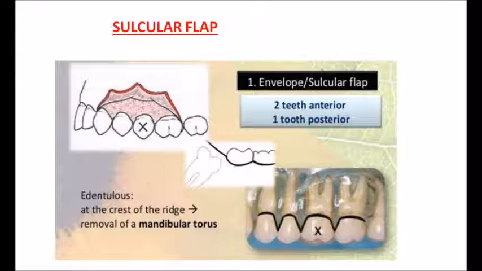Whenever there is an indication in the premolar region, this flap is preferred, but it does not give proper access and proper handling of the areas. So this is not preferred nowadays. It is not considered a flap itself nowadays. So the sulcular flap is like a waste flap.